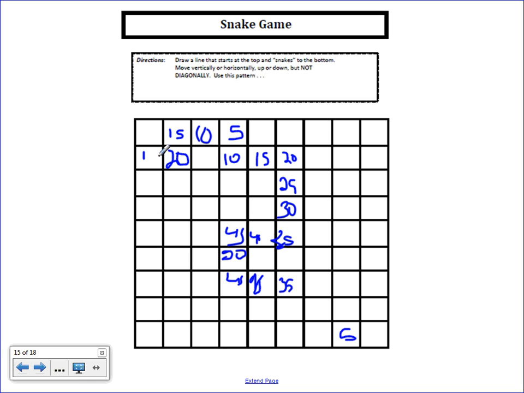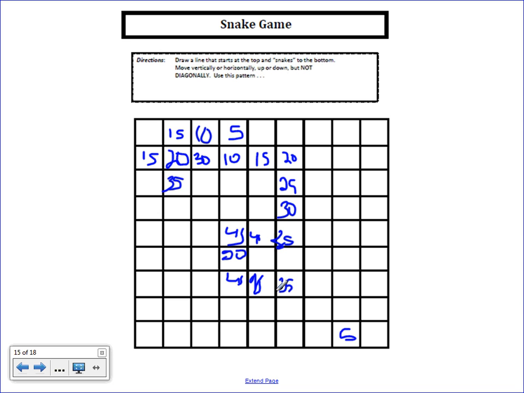So I'm going to put like a 15 here, maybe a 30 over here, and a 35 right there. So what will happen is if a future player starts and they go this way by accident, they'll go 5, 10, 15, 20, and then they'll be stuck. And they'll continue playing until they can find the right route, which is the way that works.